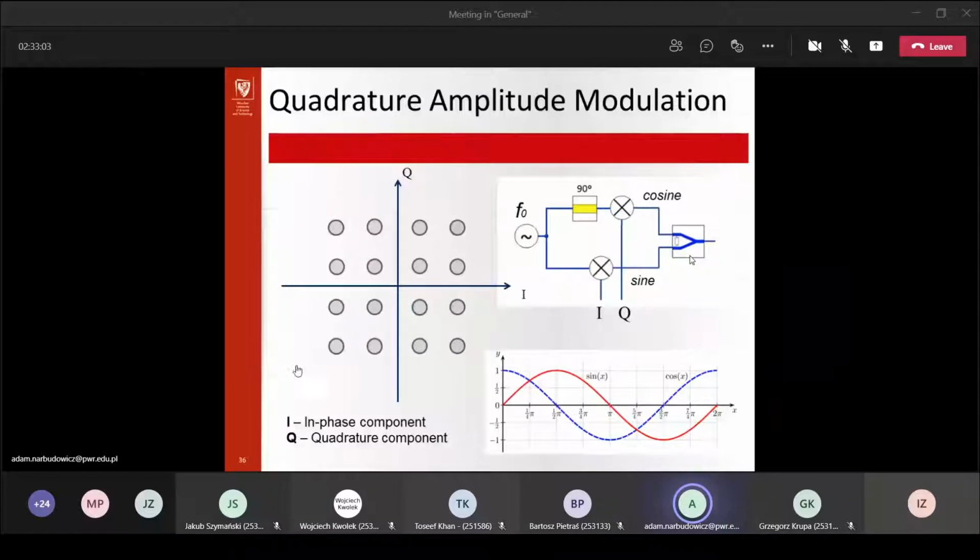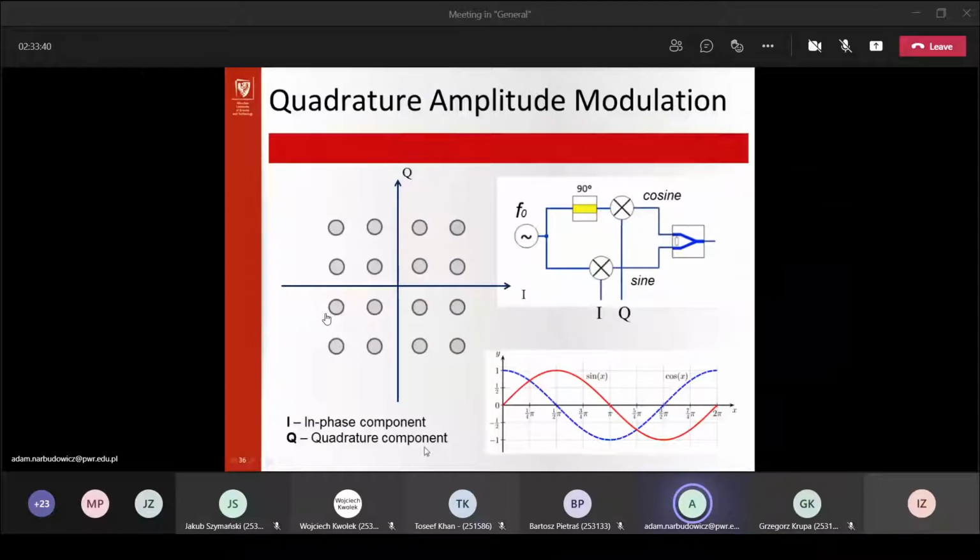Now, this is how the circuitry works, and the very convenient way of representing that signal is what's called the IQ modulation plane. Okay, so typically the I and Q, that's the traditional name of the in-phase component, which is used to modulate sine or to control the amplitude of sine, which, by amplitude, of course, you can also apply negative values to I, in which case you get a 180-degree phase shift.